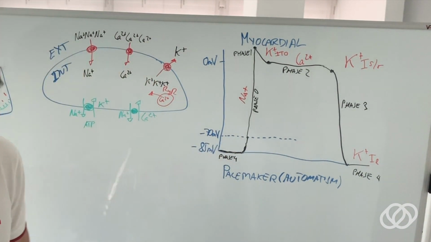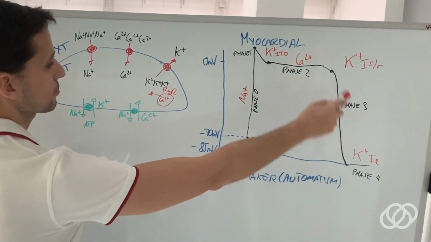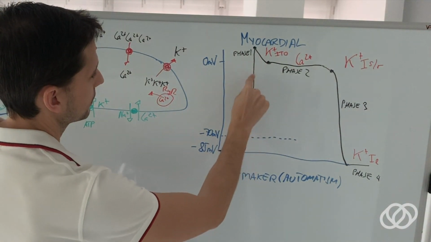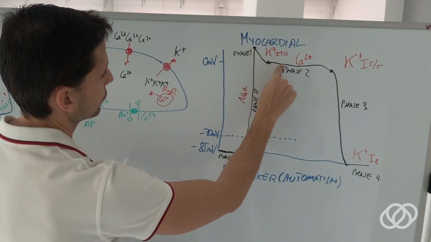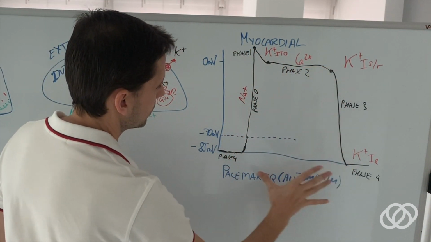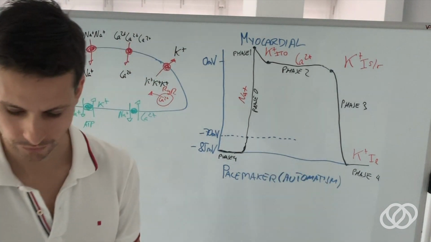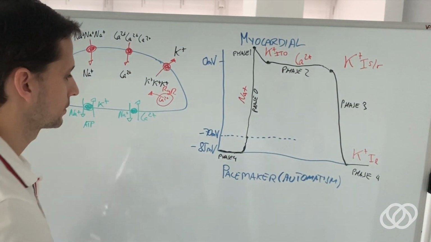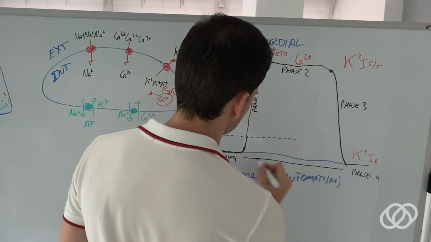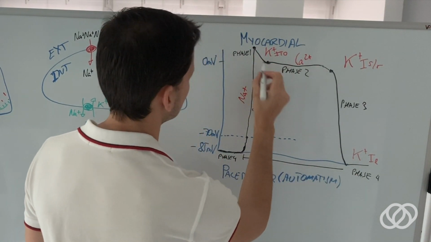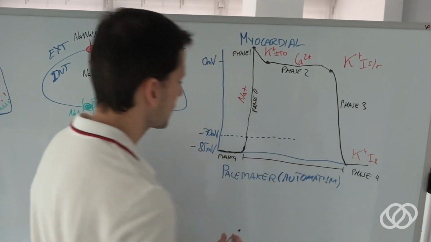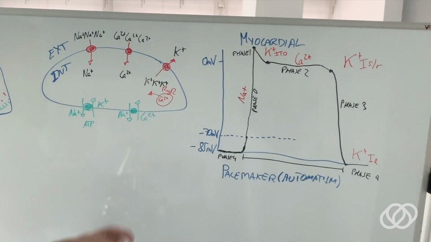Okay, so we can divide this action potential in the depolarization of the cell, the time of the contraction of the cell, and the repolarization of the cell. During this period, that is from phase 0 to phase 3, the cell cannot receive new stimulus.